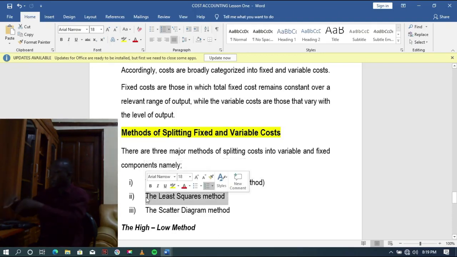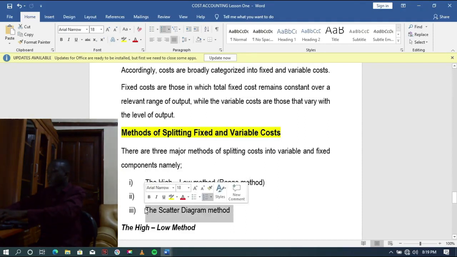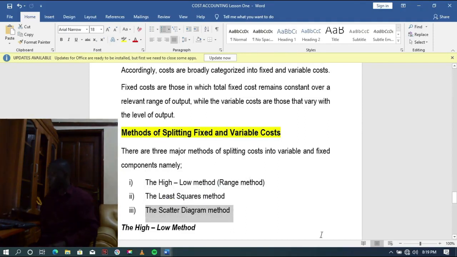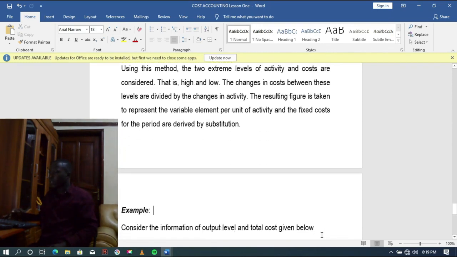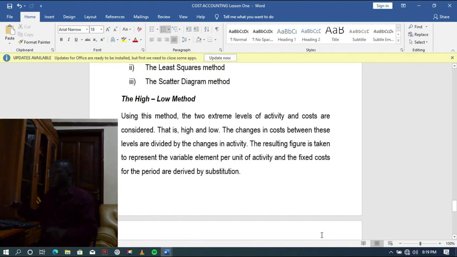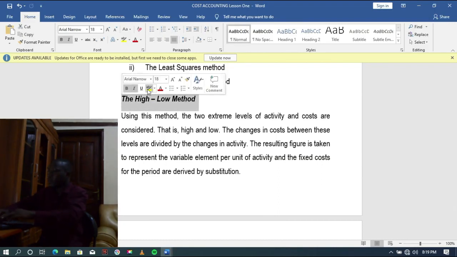That is another statistical method that we can use to separate fixed costs from variable costs. Then we can use the scatter diagram, and this involves drawing graphs or using graphs to separate these costs. Now we are going to look at the high-low method, or the range method.